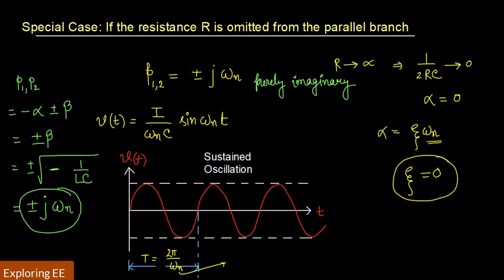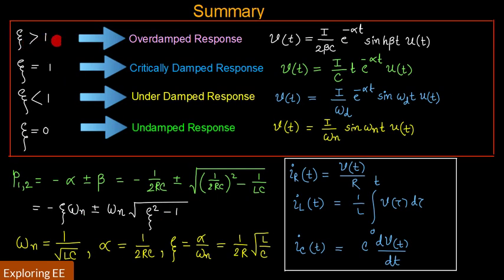Let us summarize the responses of voltage across the parallel RLC branch for different values of damping ratio. For zeta greater than 1, damping ratio higher than unity, we have overdamped response, and this is the expression of the voltage for overdamped response. For zeta equal to unity, this is the critically damped response, and this is the expression of voltage across the parallel RLC branch.